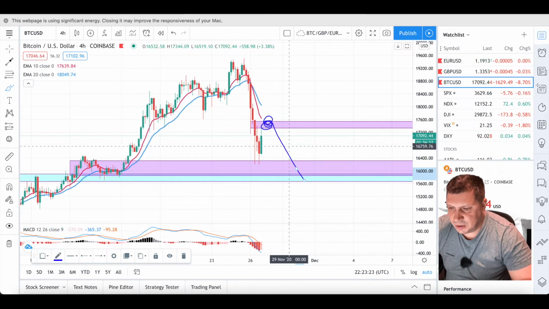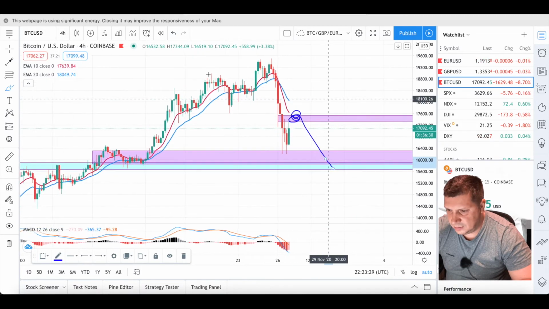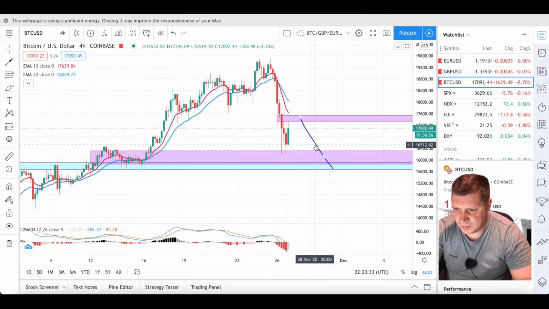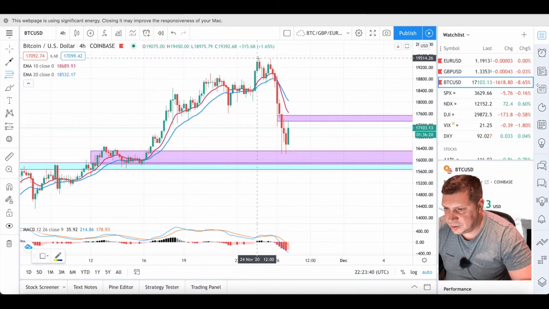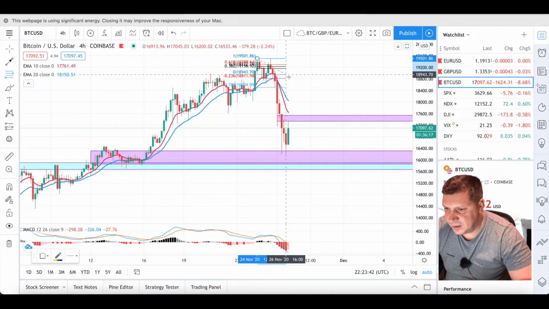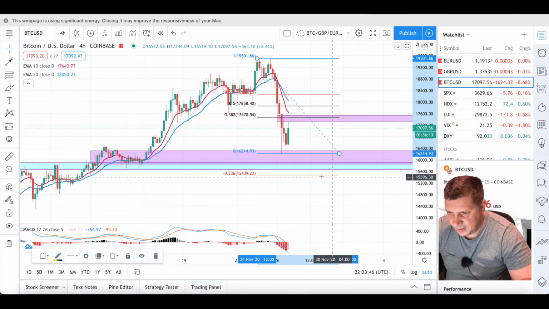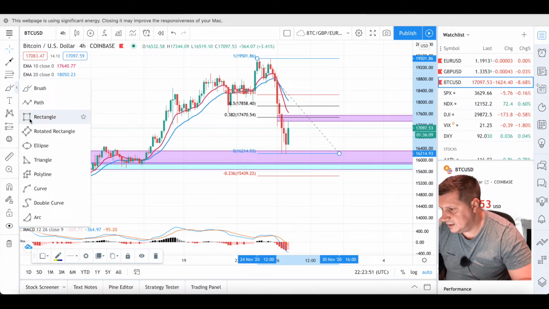What actually you can do, you can measure, let's see, let me just delete this real quick. So let's delete this and this. So to measure how far it should go, we can stretch the Fibonacci from up to bottom, and then we'll see that our take profit is roughly in this area.